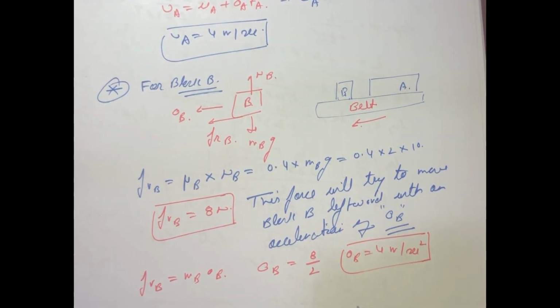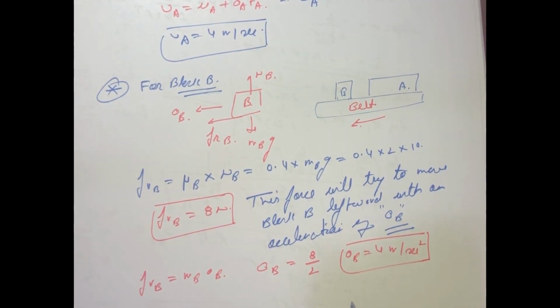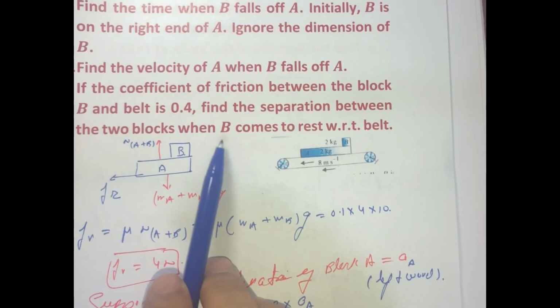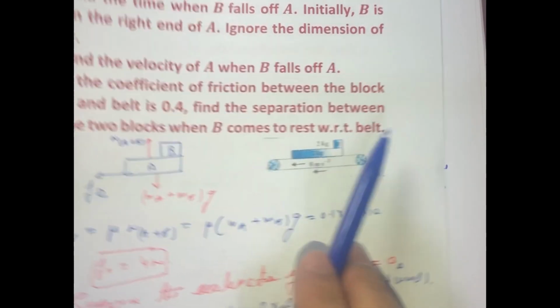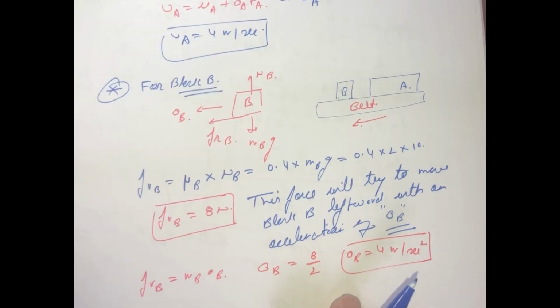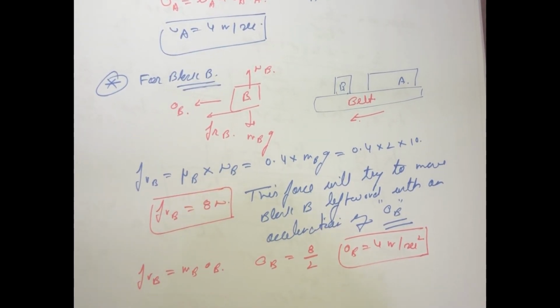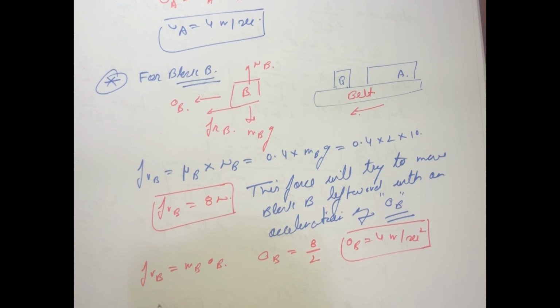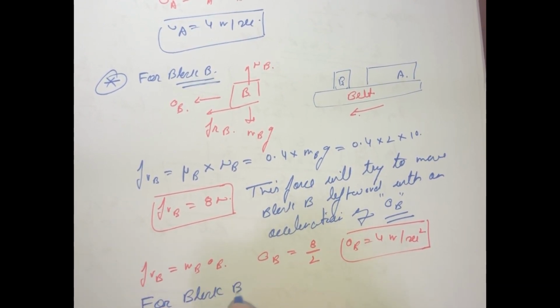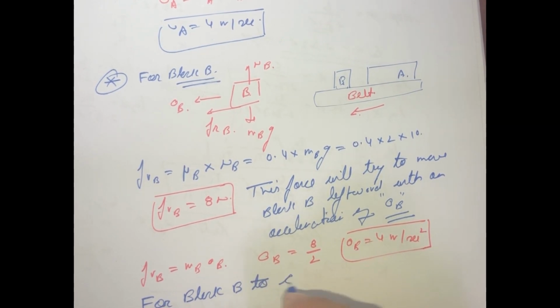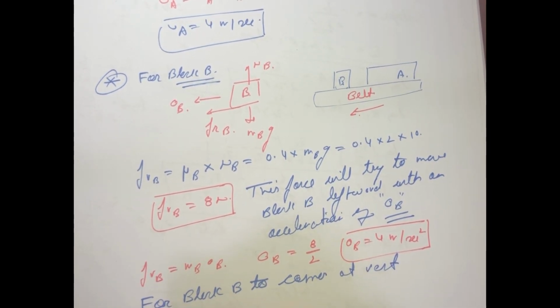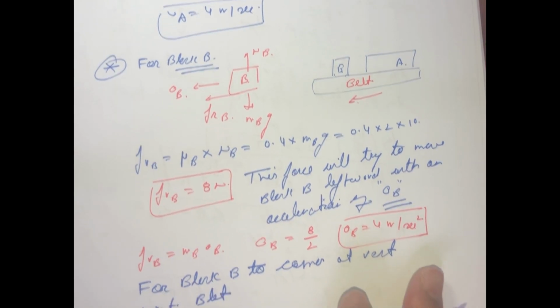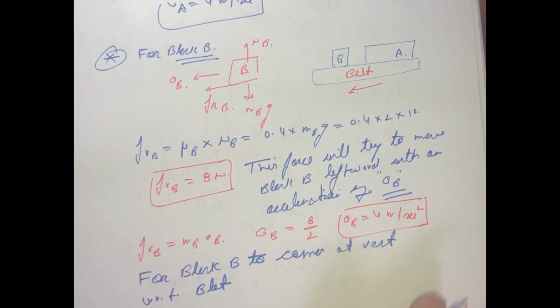Now it is said that block B should come to rest with respect to the belt. So for block B to come to rest with respect to the belt, the velocity of block B as well as the belt should be the same.